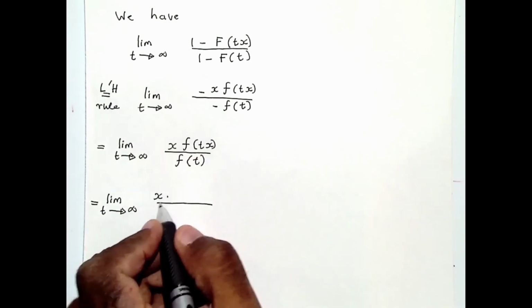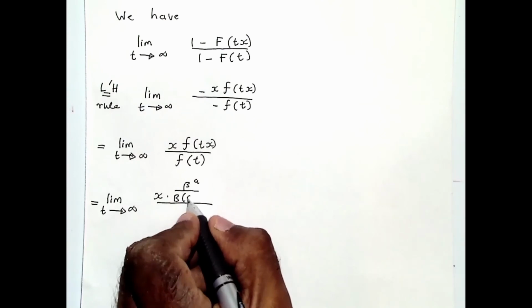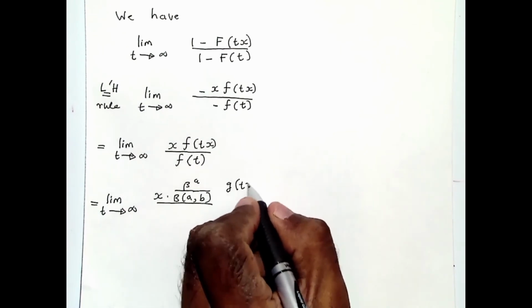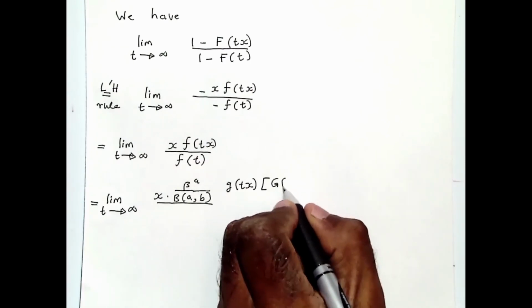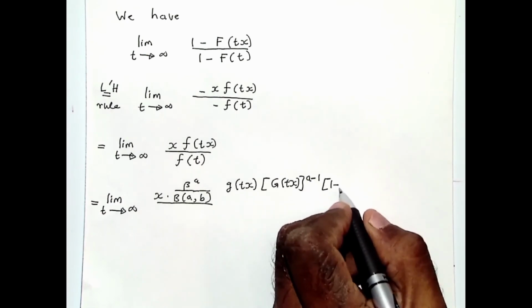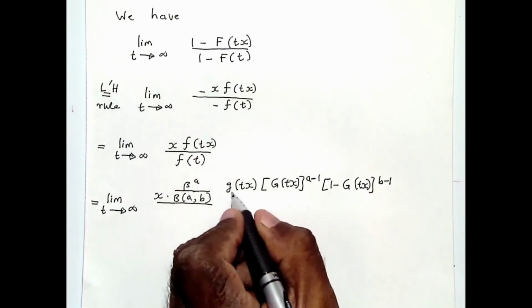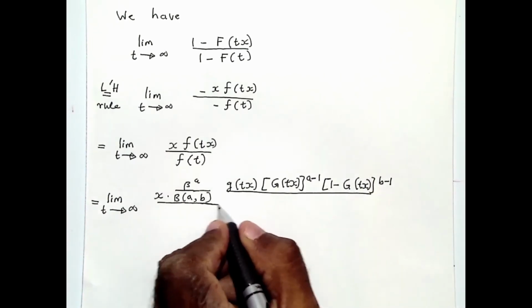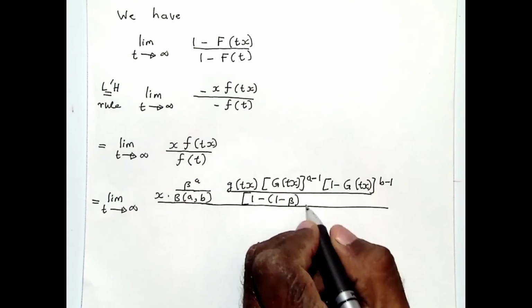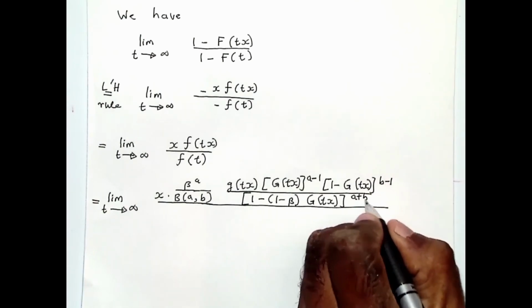So it's x times the expression for this is going to be, right?